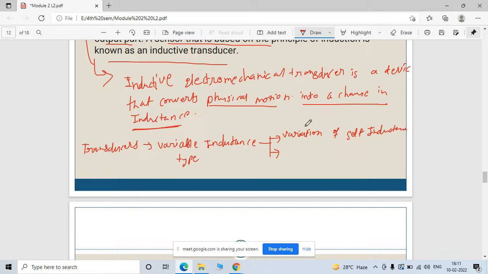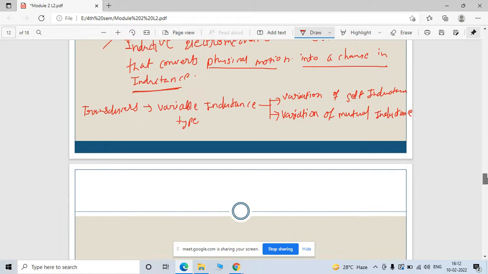Because of this, you get some signal, some value on your meter that is related to your displacement.